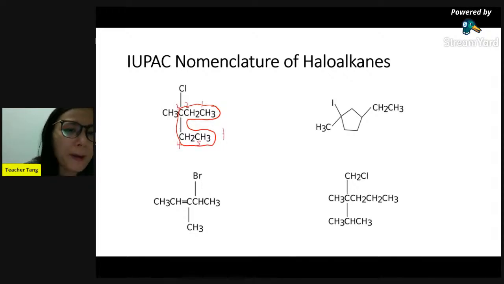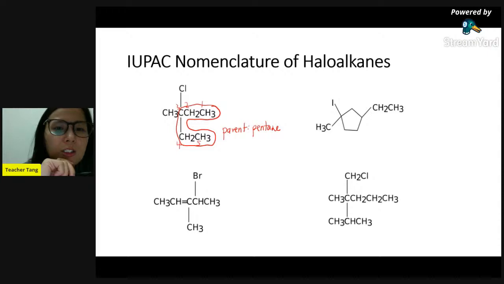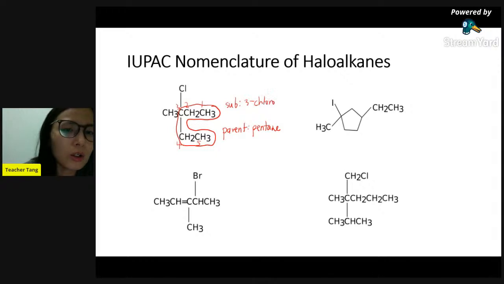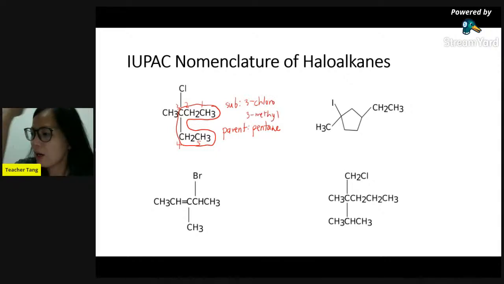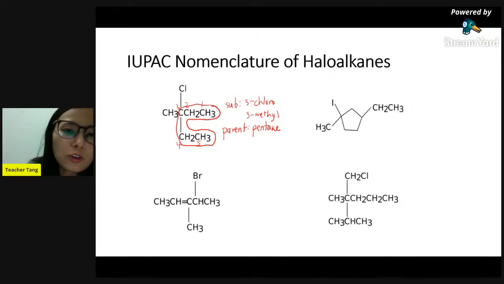This parent is called pentane. And for substituents, we have 3-chloro and also 3-methyl. Remember, we need to name them in alphabetical order. So C comes first. The name of this compound, therefore, is 3-chloro-3-methylpentane.